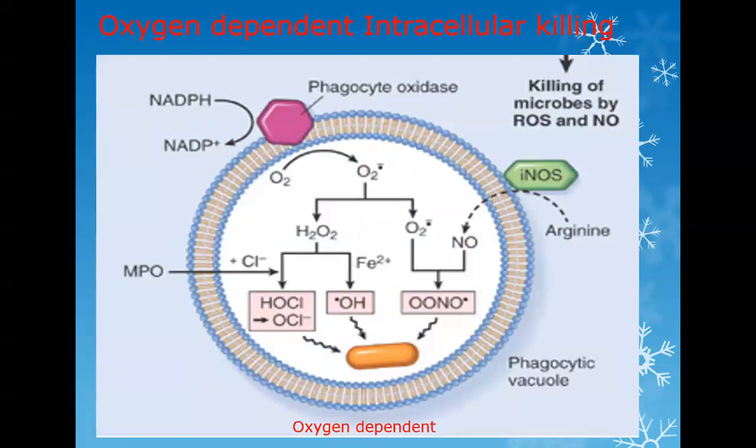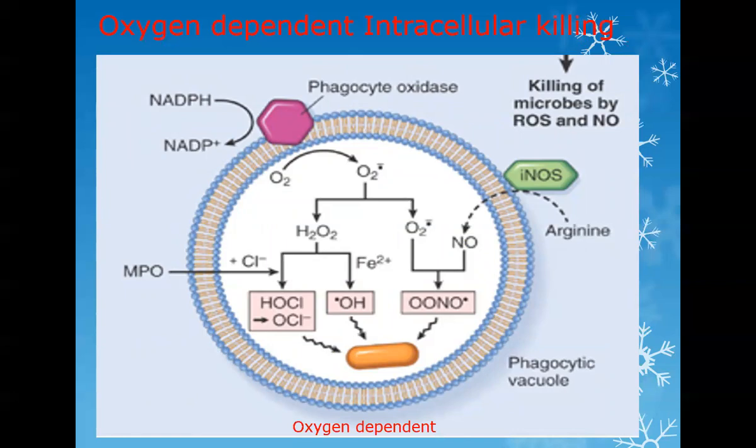Now this is oxygen dependent. How does it act? We have the phagocyte oxidase enzyme. This phagocyte oxidase converts oxygen into superoxide. Now this superoxide is converted into hydrogen peroxide. Now we have another enzyme called myeloperoxidase.